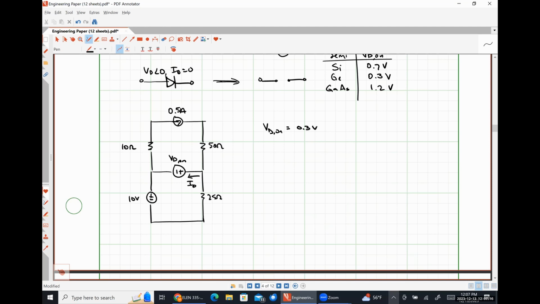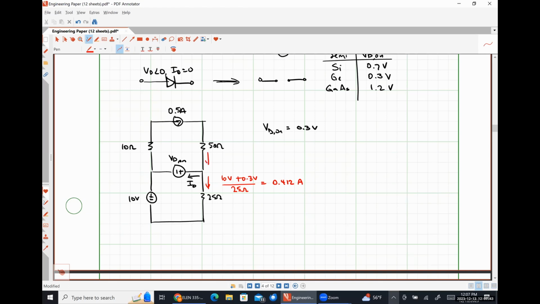And it should be fairly obvious to see that the current flowing down here is just going to be 10 volts plus 0.3 volts divided by 25 ohms, which is 0.412 amps.